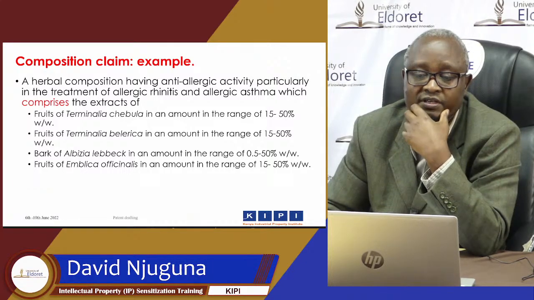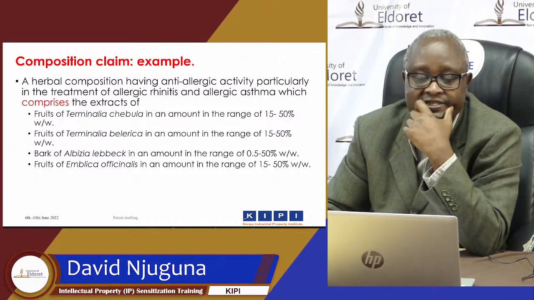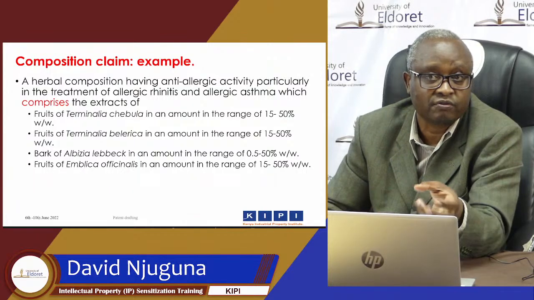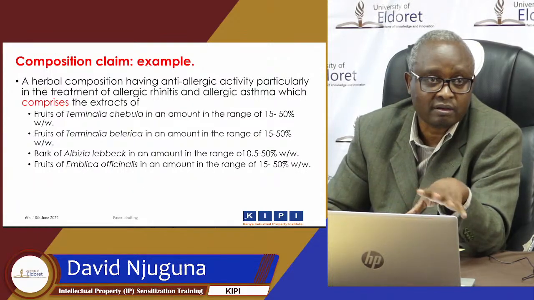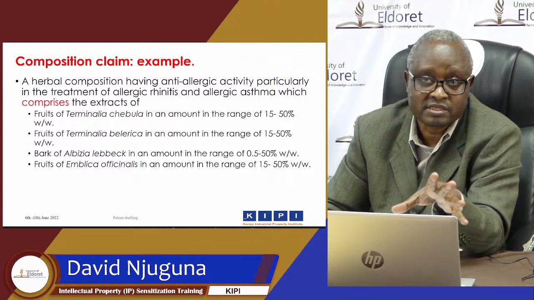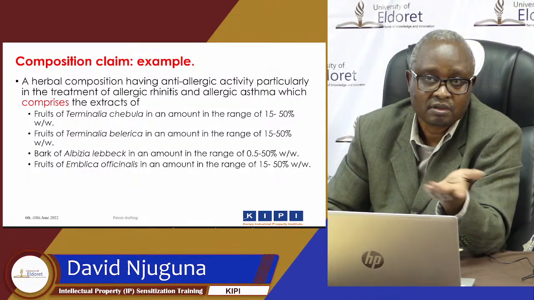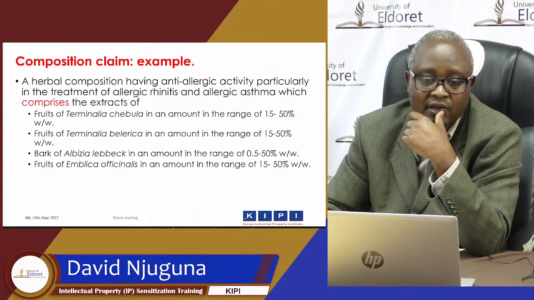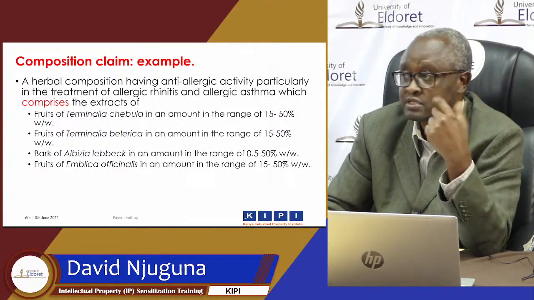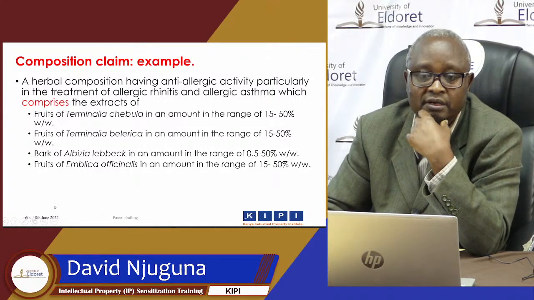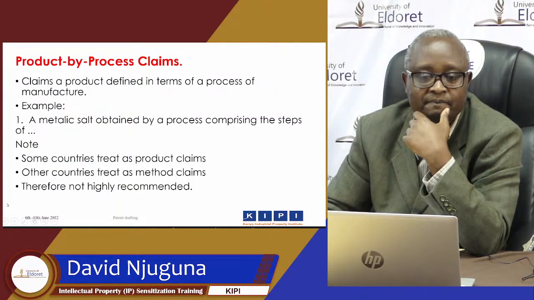For example, a herbal composition having anti-allergic activity, including treatment of asthma, which comprises the extract of certain plants. This is a way that people in the herbal area can get patents, because all you need is to identify those herbal extracts and combine them to come up with something that you can make and sell to the public and make money out of it.